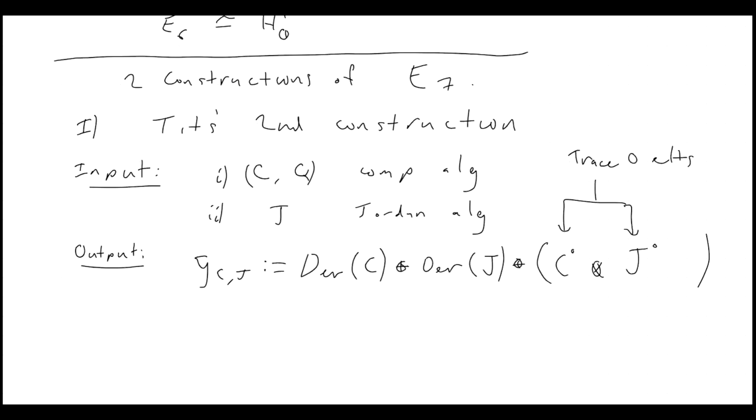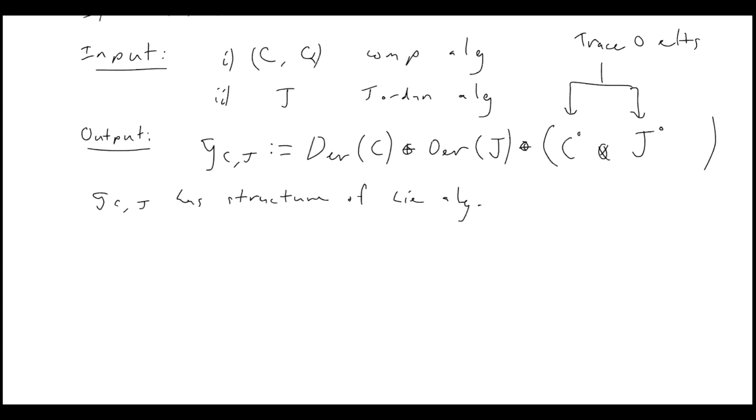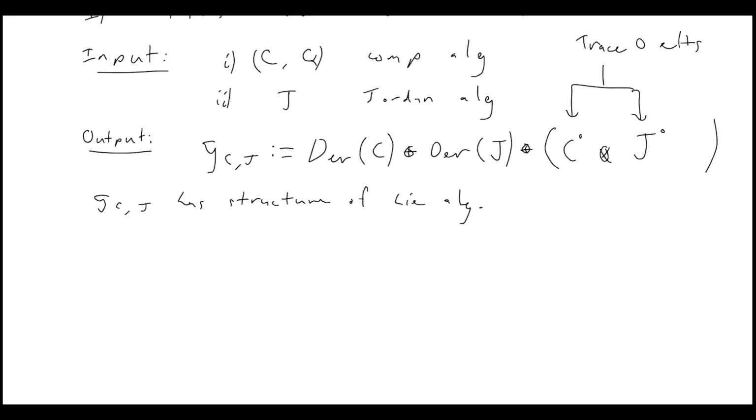So the important part of this construction is that you can give G_{C,J} the structure of a Lie algebra. And in particular, this extends the natural action of the derivation subalgebras on the trace 0 elements.